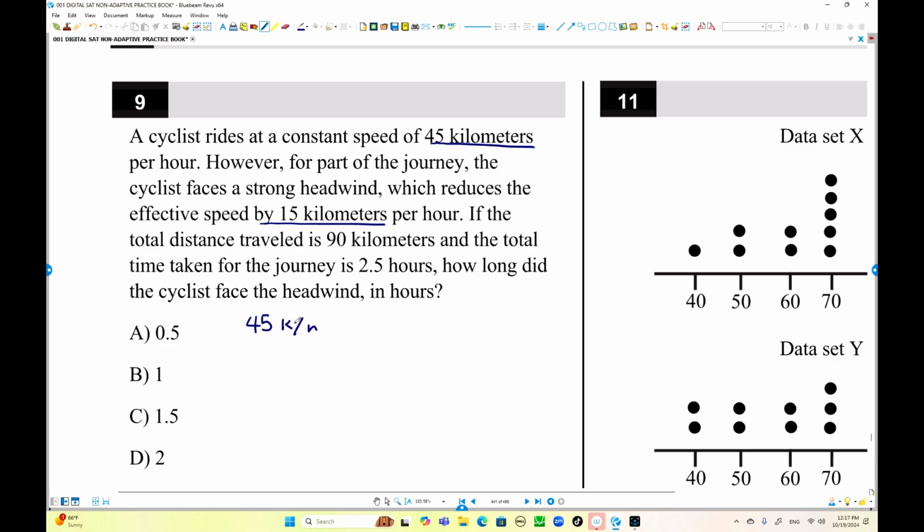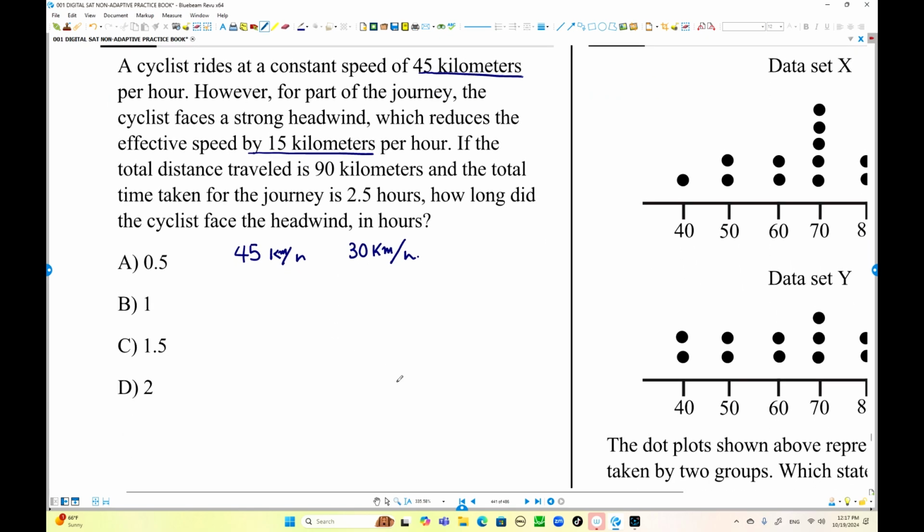The second one is 30, okay, not 15. They traveled 90 in total, 90 kilometers. And the total time taken is 2.5 hours.